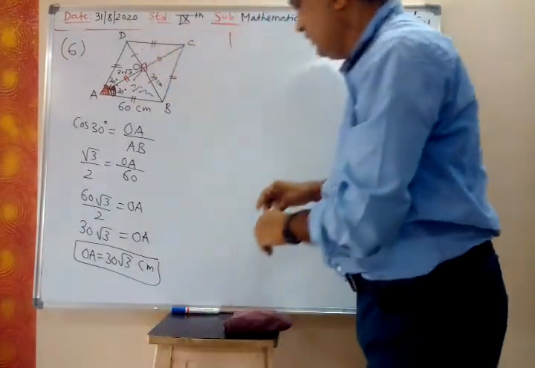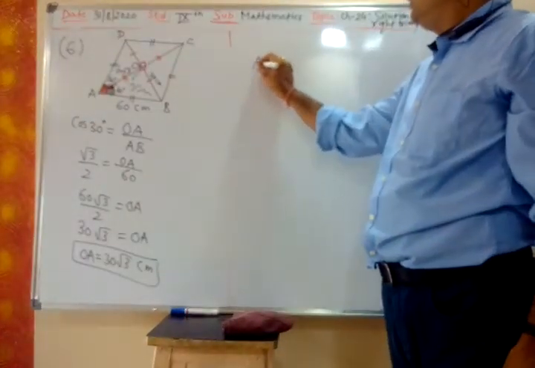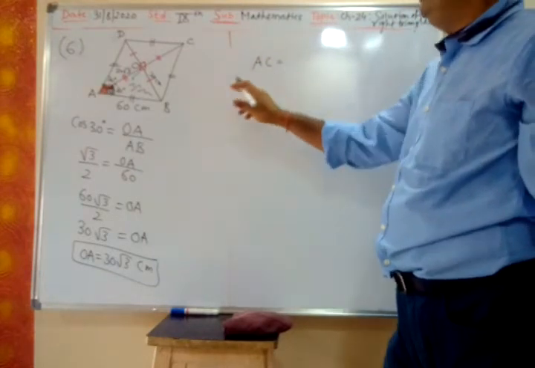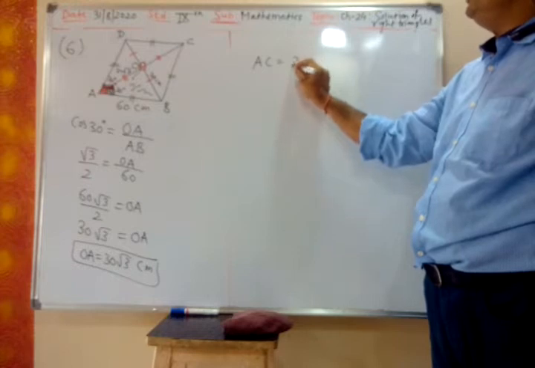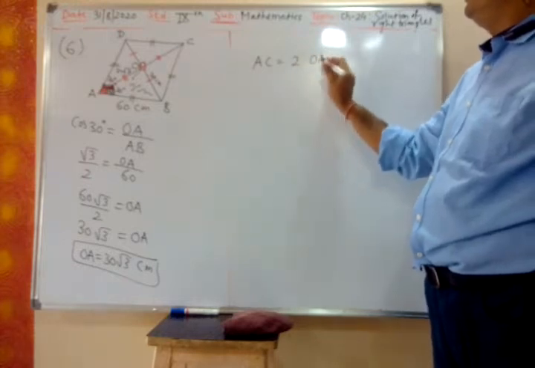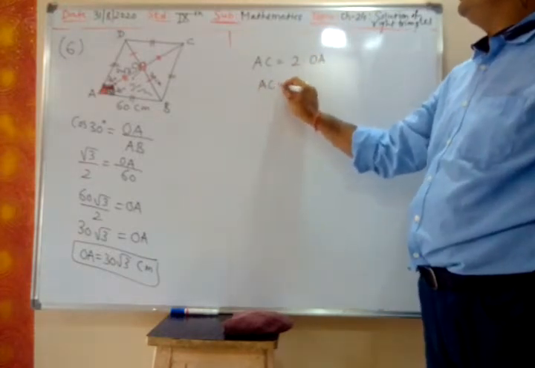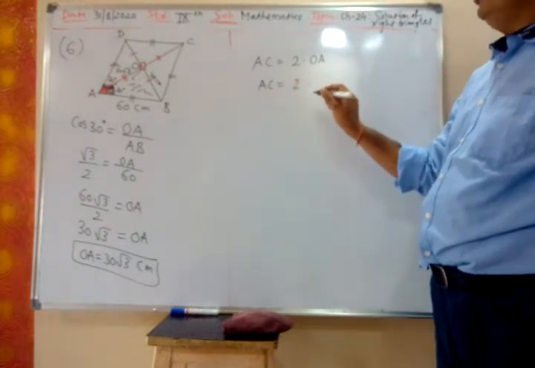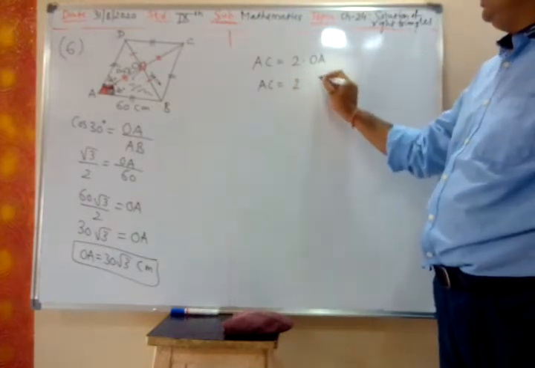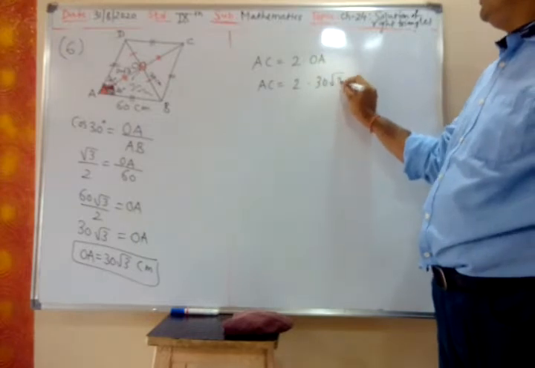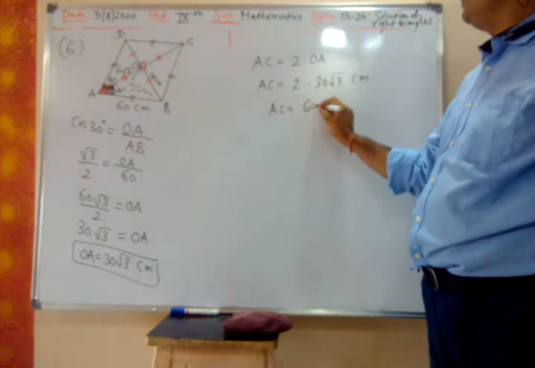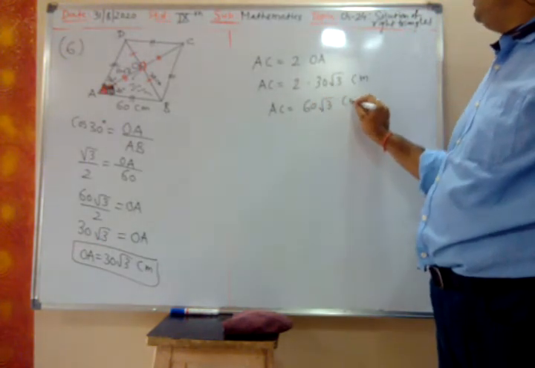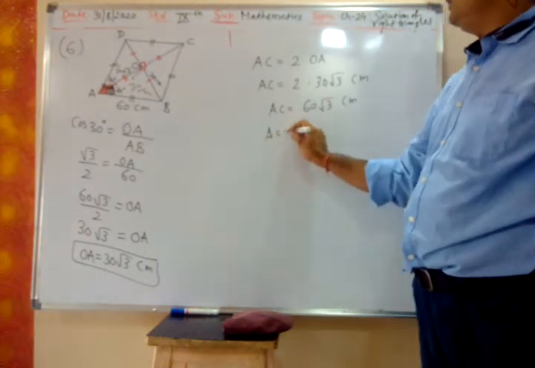AO is equal to OC. Correct. So AC is 2 times OA. OA is how much? 30 root 3 centimeter. So AC is 60 root 3 centimeter.